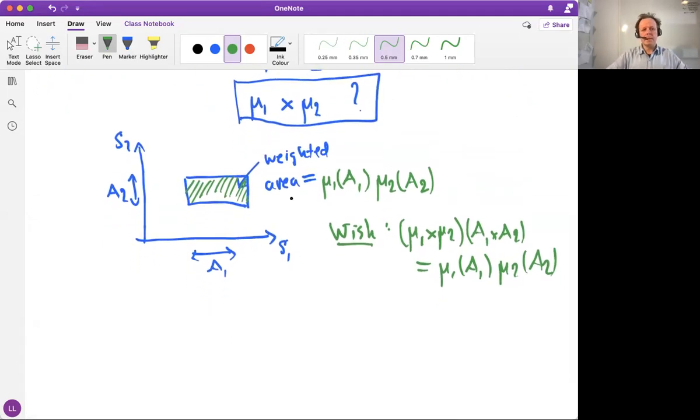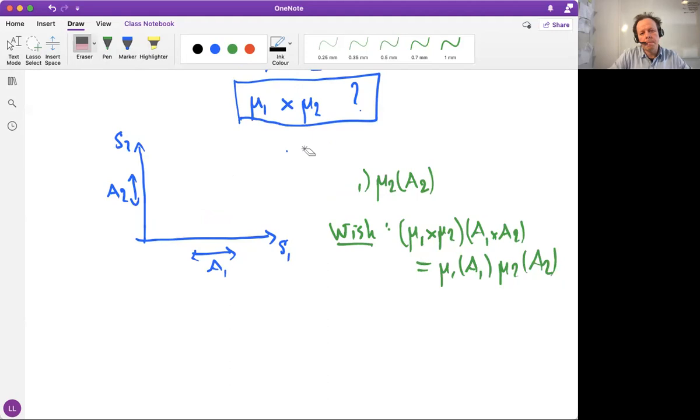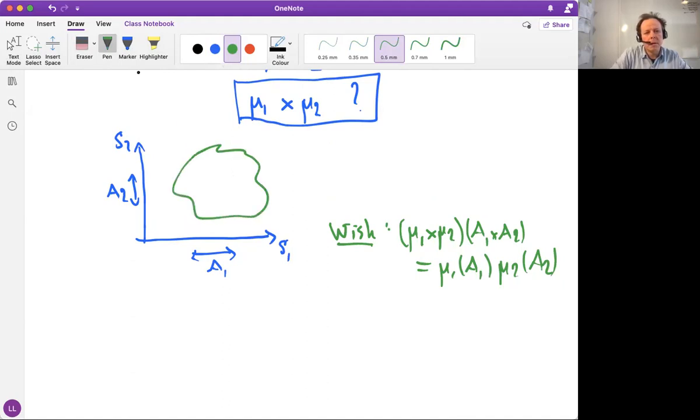Another question is, what if instead of a box, we think about some other set? So instead of a box, let's say our set is this one here. Now we ignore these sets there, and we want the weighted area of this one.